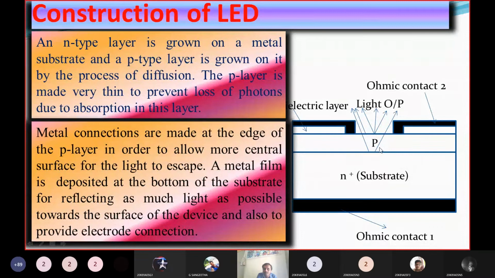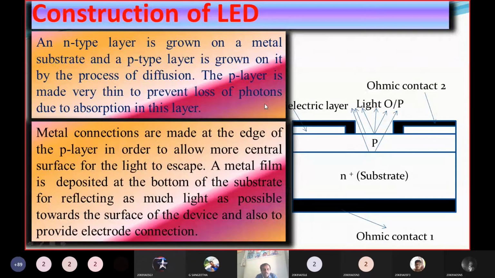That's why, if the thickness is less, the light will easily come out from the junction. This is about how we deposit the P layer as well as the N layer. This P layer thickness will be very small.